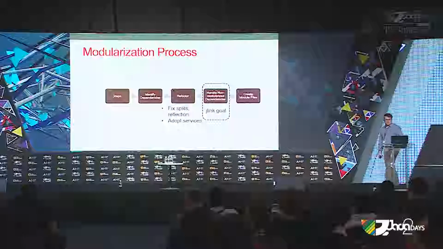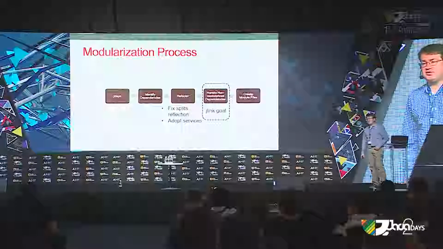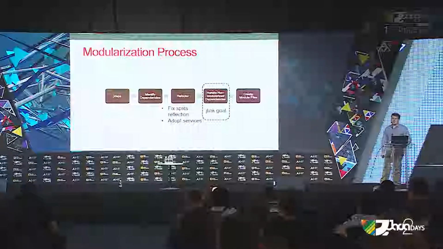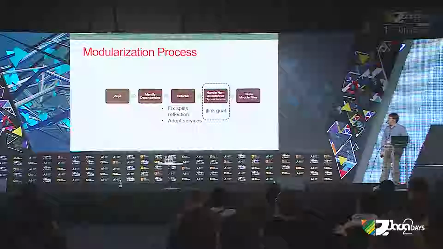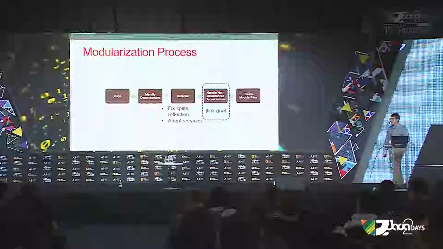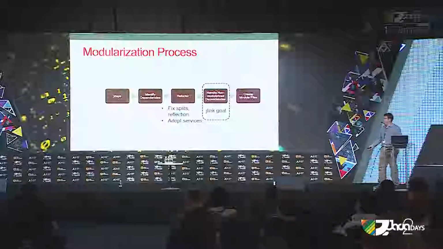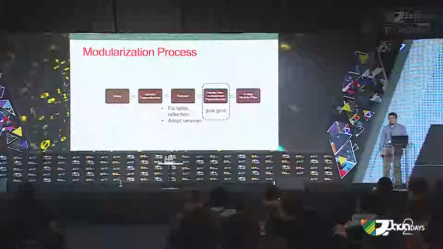So, the modularization process. The first step is to use jdeps to understand where your application is right now and what you actually depend upon. That goes in with identifying dependencies and refactoring your code. Generally, if you have a large application, you're going to end up having to fix split packages. You're going to have to look at reflection code that you're doing.